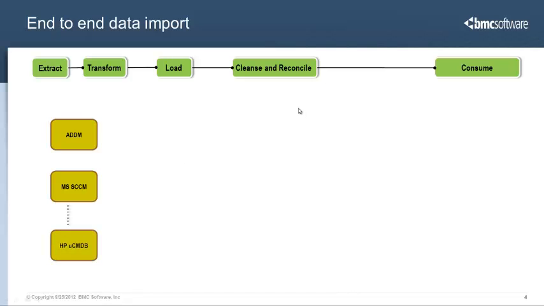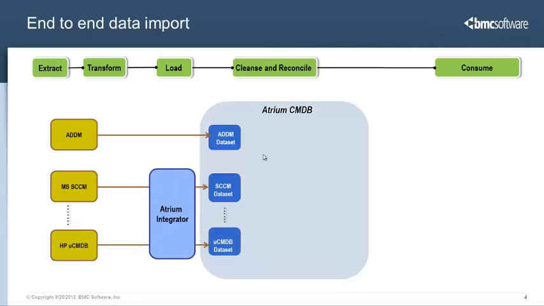External sources such as Microsoft SCCM or HP UCMDB need to be integrated with Atrium CMDB, and they are integrated using Atrium Integrator. The data from each of these sources needs to be stored in the respective data set for the source, and then naturally the CIs move from each source.